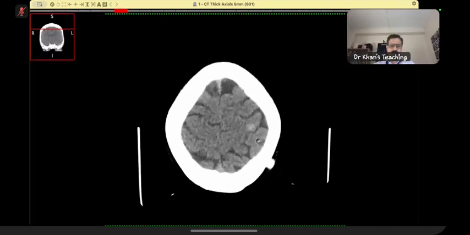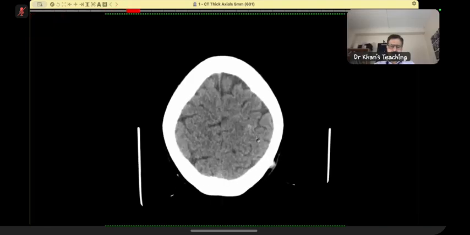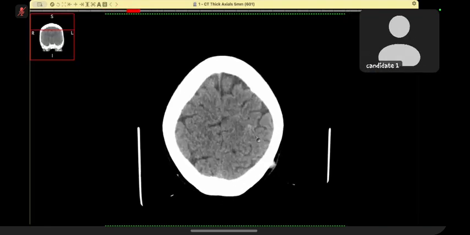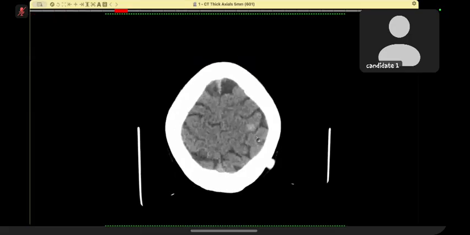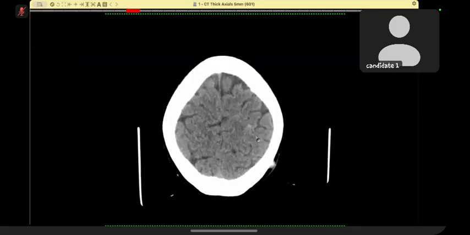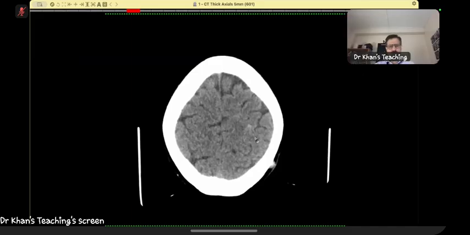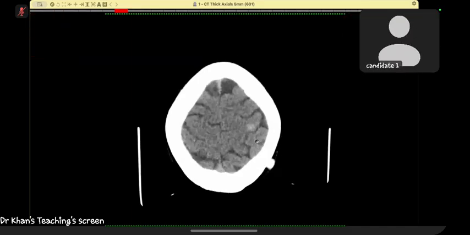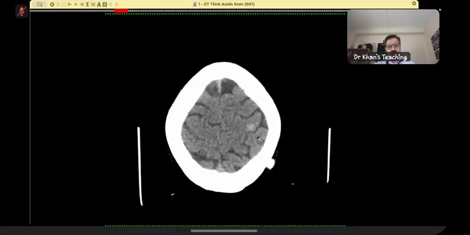So what else can it be? It's a hyperdense thing, so I would consider hemorrhage as one of my top differentials. What is the density of hemorrhage on a CT? Around 50 to 60 Hounsfield units. So this was in the 40s.